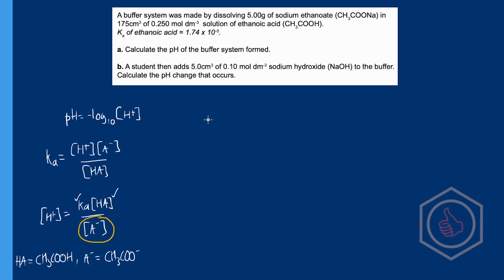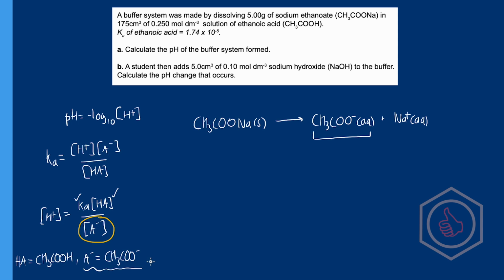Now this concentration of A− is going to come from the sodium ethanoate that's added at the start. Because when you add solid sodium ethanoate to water or a solution, the solid dissolves and breaks apart, releasing ethanoate ions, CH3COO−, and Na+ ions. Well, the CH3COO− ions here are the same as the A− in our expression.